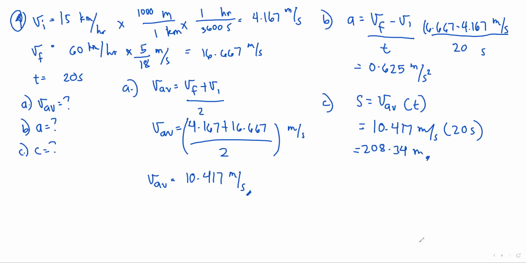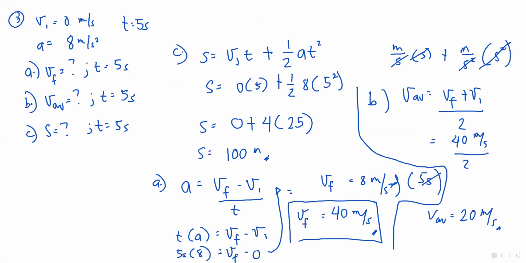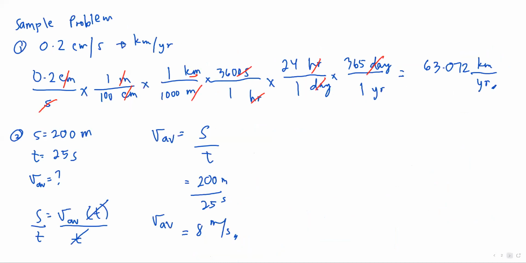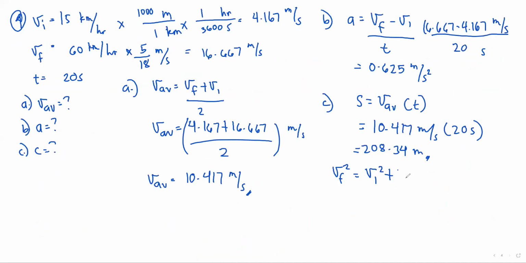Okay, let's try another formula: Vf squared is equal to Vi squared plus 2as. Solving for s, s is equal to Vf squared minus Vi squared all over 2a.